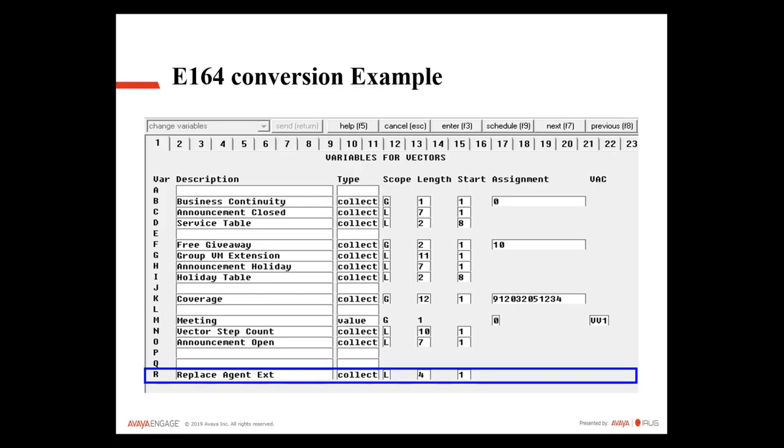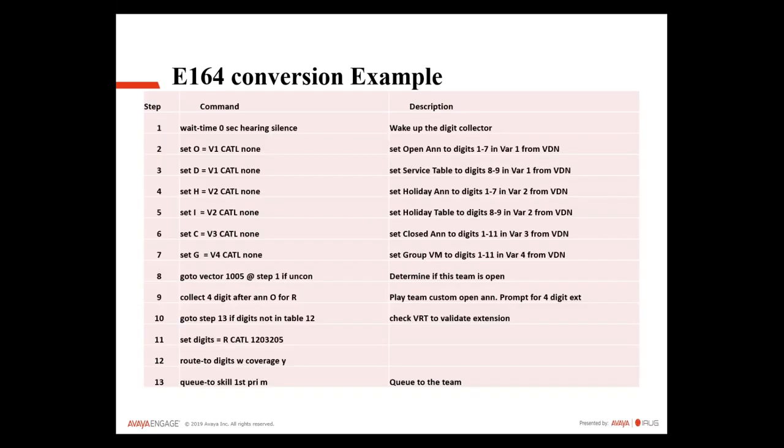It's local for that vector set, for that VDN set, and the extension is 4 digits in length. So here we go. It's our standard vector that we've seen a bunch of times already during this session.